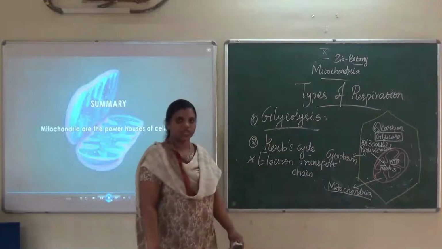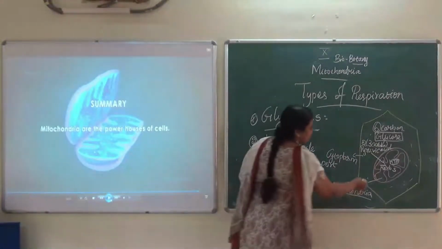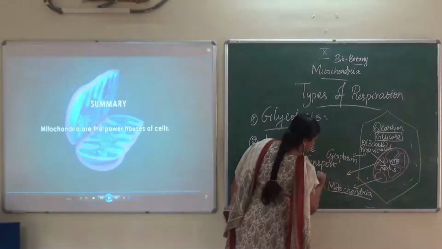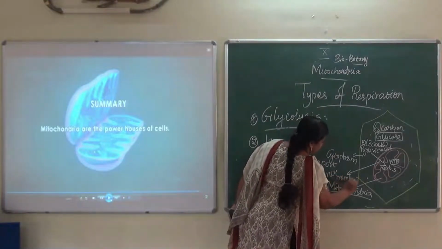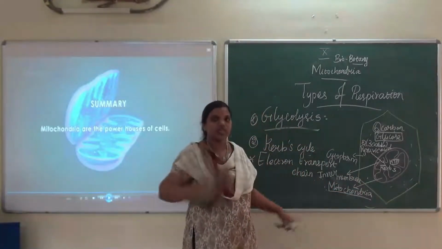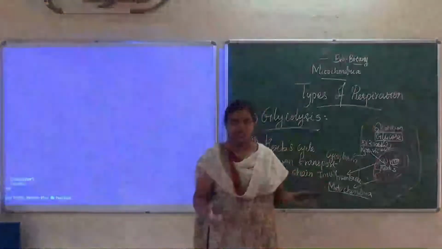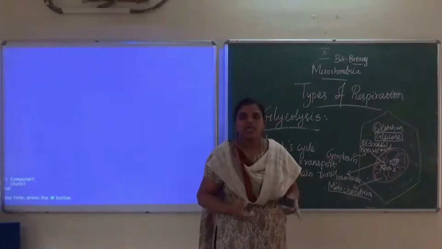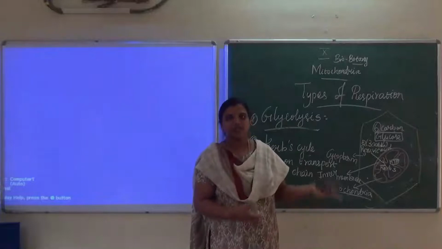The electron transport chain reaction occurs in the membrane, in between the inner membrane. The inner membranes have so many electrons. The electrons move and are trapped by the NADH2 and FADH2 from the Krebs cycle.